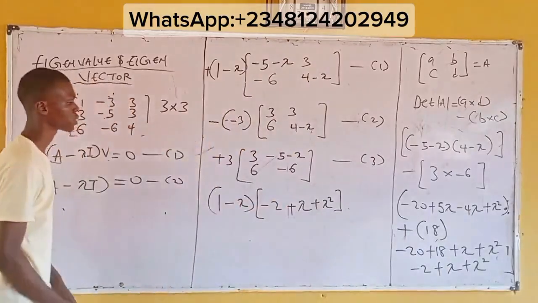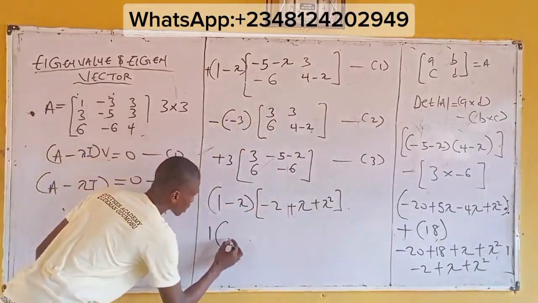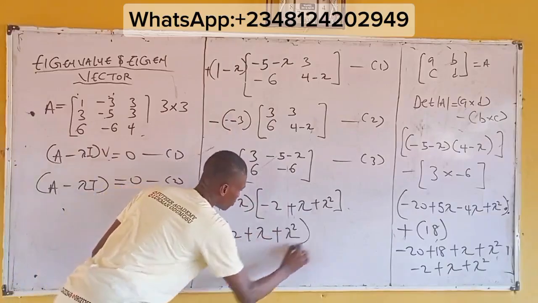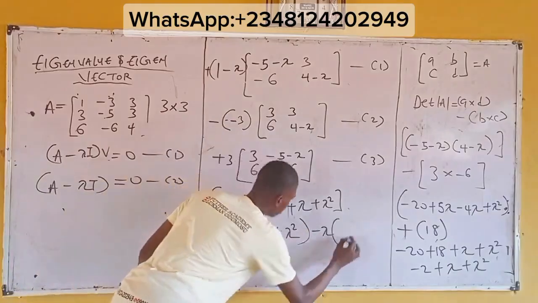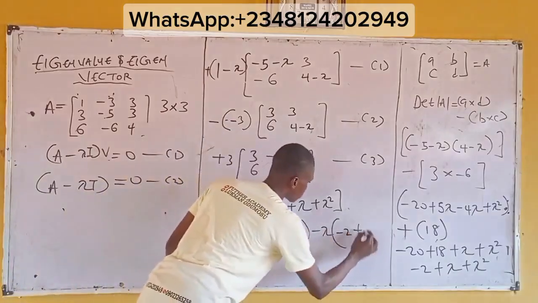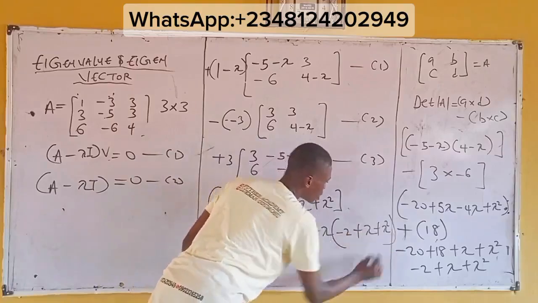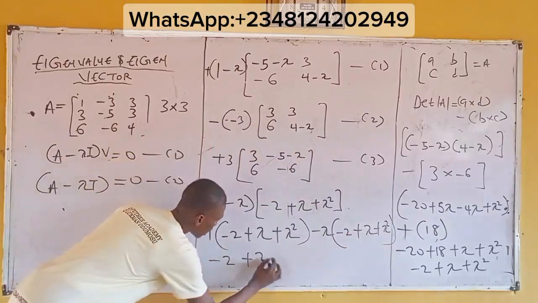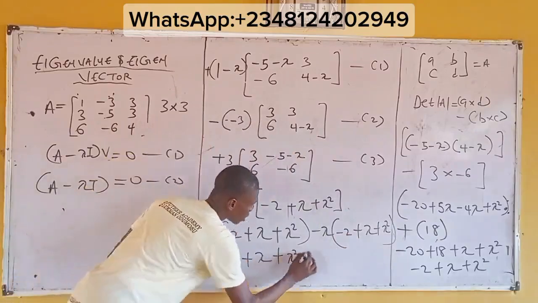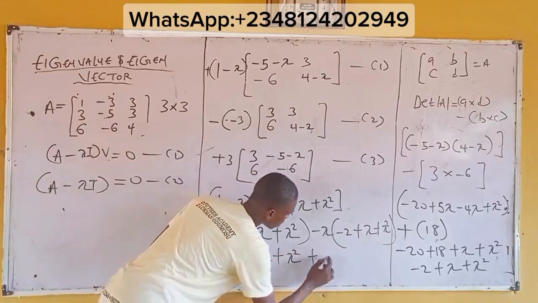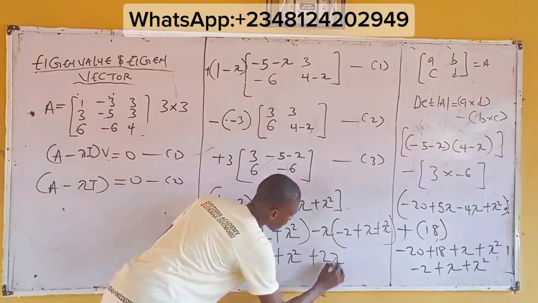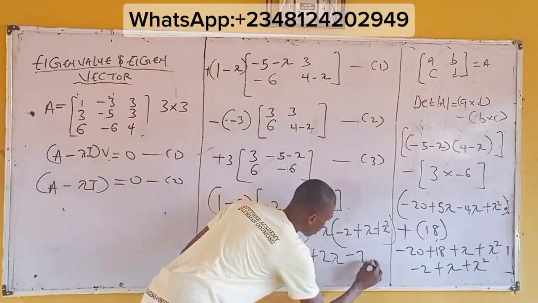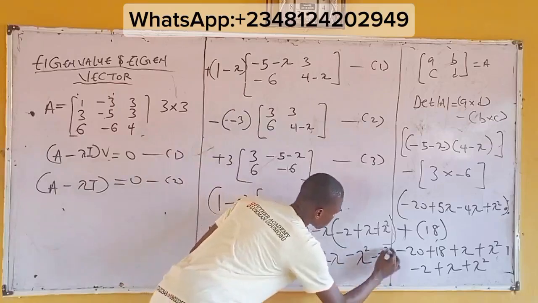This becomes what? 1 all into bracket negative 2 plus lambda squared, right? Negative lambda all into bracket negative 2 plus lambda squared. Now open up your bracket. This is what? Negative 2 plus lambda squared plus 2 lambda minus lambda squared minus lambda cubed.